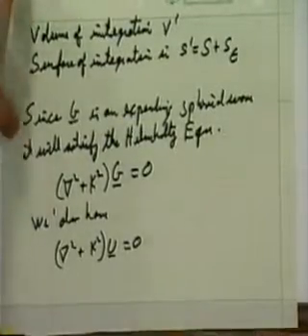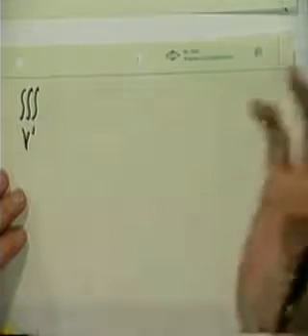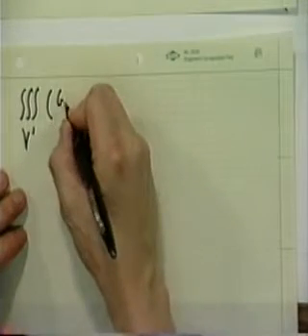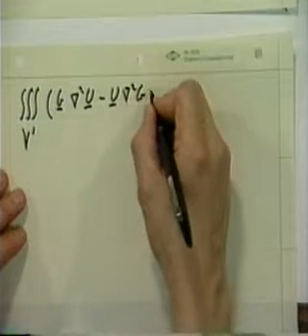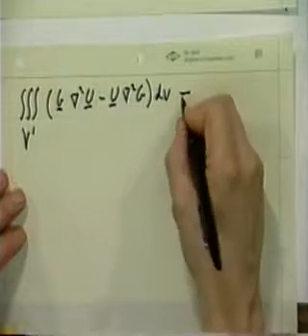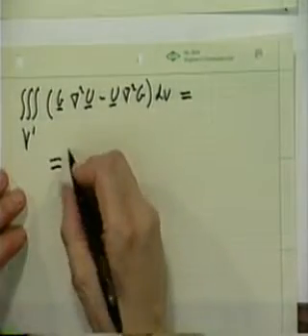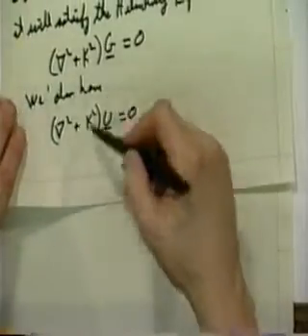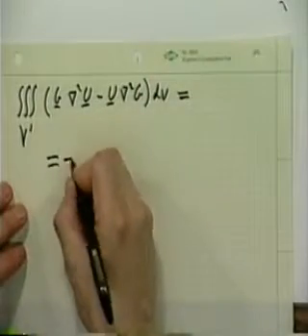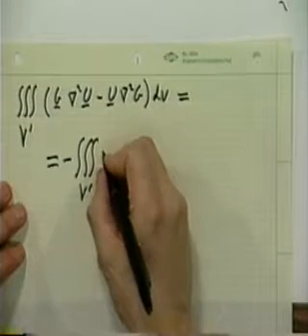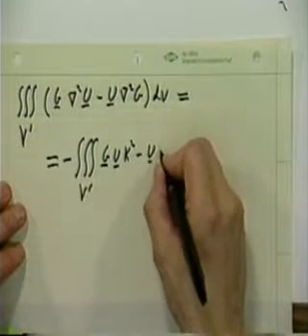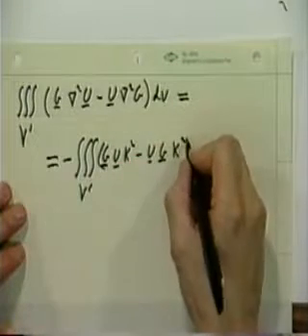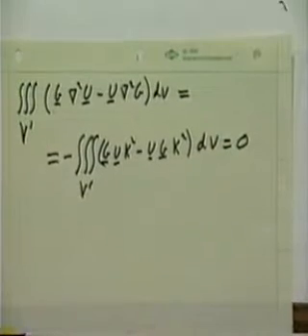Since this is true, the integral over the volume, which is V prime now, of G del squared U minus U del squared G dV is equal to, just plugging in, minus the integral over the volume of G U k squared minus U G k squared dV, which is equal to 0.